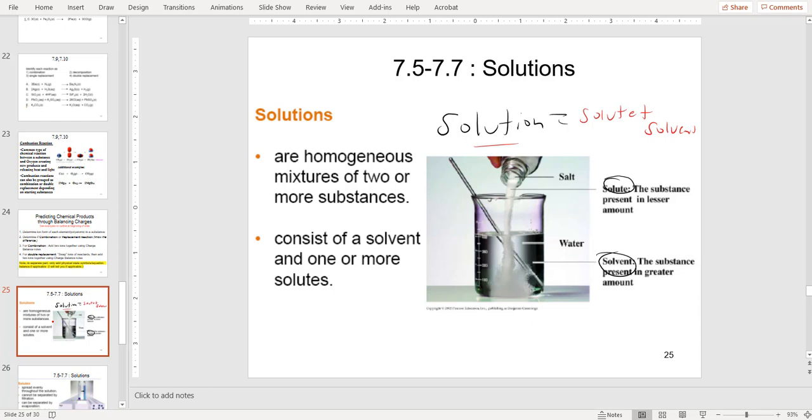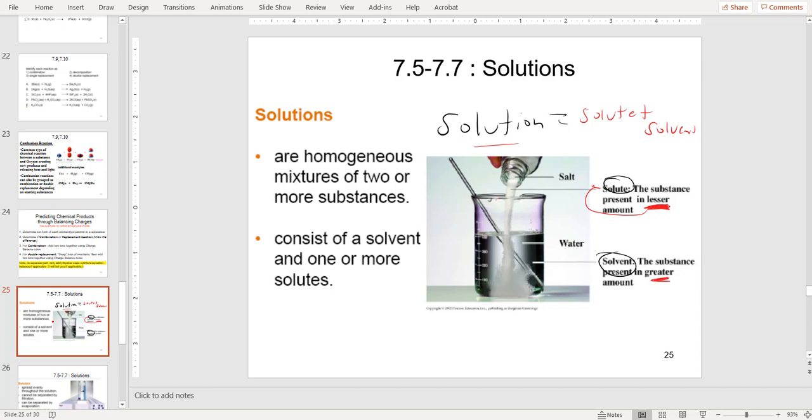Now, simple definitions. Solute is found in a mixture. The mixture can be homogeneous, where you see one thing, or heterogeneous, where you see 2 or more things. So in a heterogeneous mixture, the lesser amount is considered the solute.